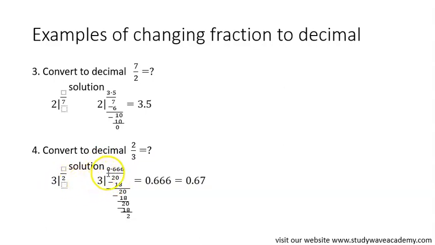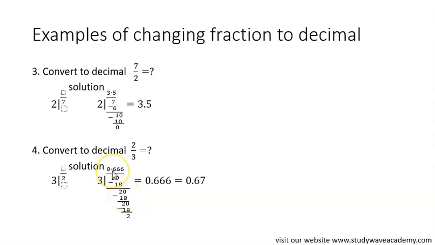So when we put our decimal point, we can add 0. Can 3 go into 20? It will go in 6 times. So write 6. 6 times 3 is 18. So you write 18. So 20 minus 18 will give you 2. You are left with 2.